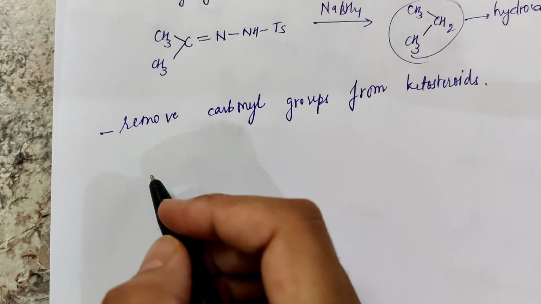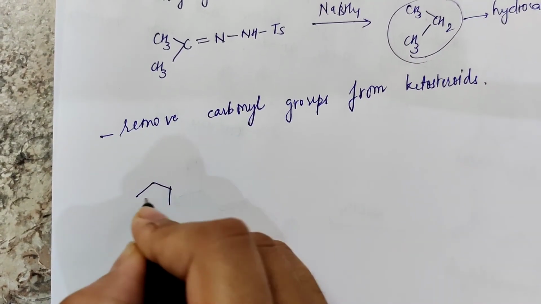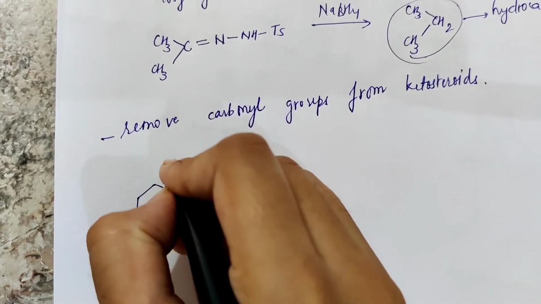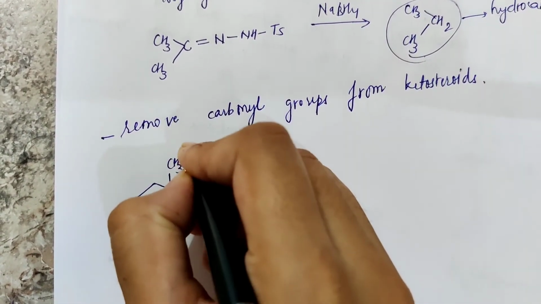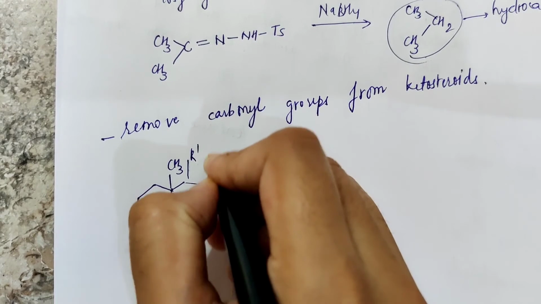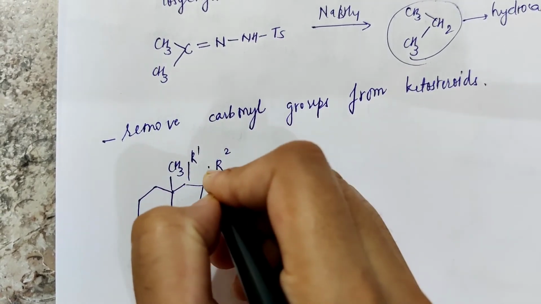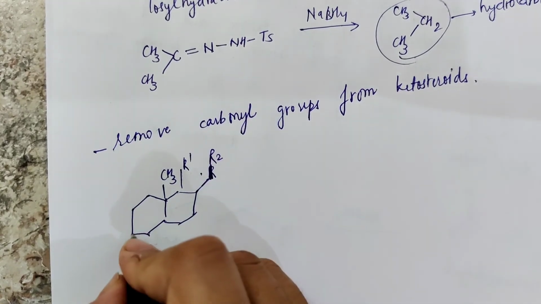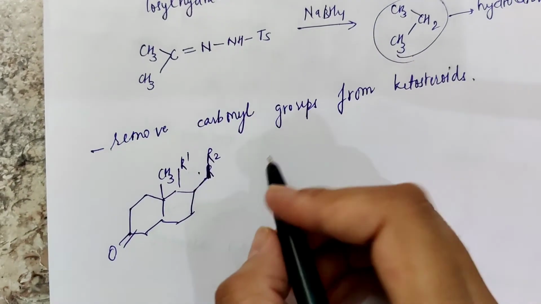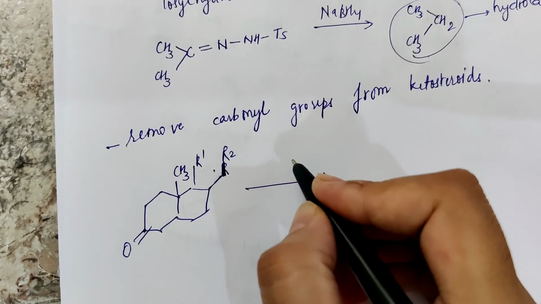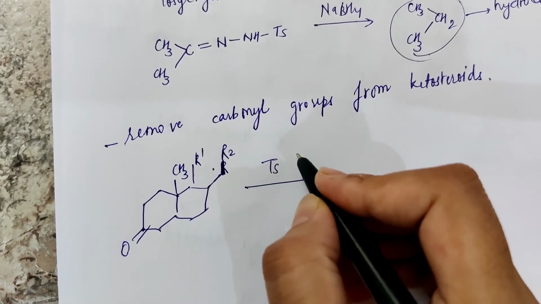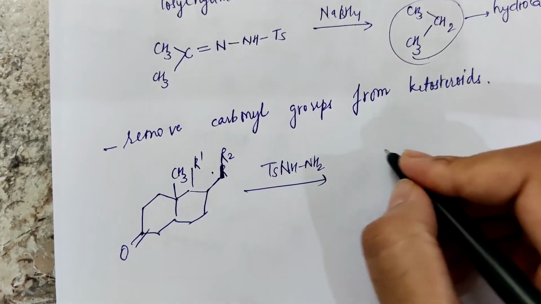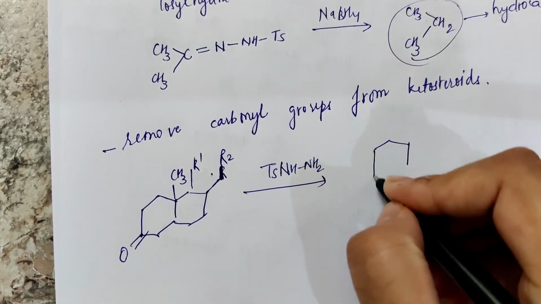Let's see an example of a ketosteroid. This is our ketosteroid. Firstly, para-toluene sulfonyl hydrazine will react and it will form tosyl hydrazone.